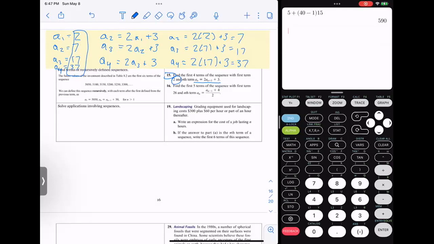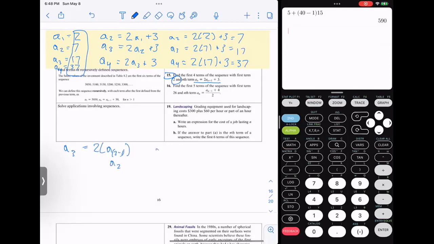So the n minus 1, if we wanted to find A4, right? Maybe A3, because I can't seem to write it. So we have 2 times A sub 3 minus 1, so we're going to do that 3 minus 1, which is just A2. So all that's saying is just the previous term.